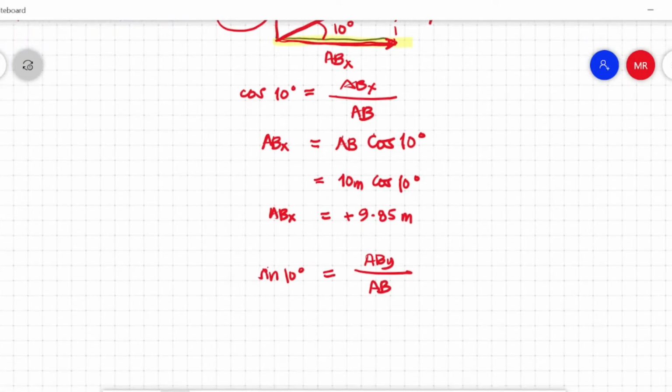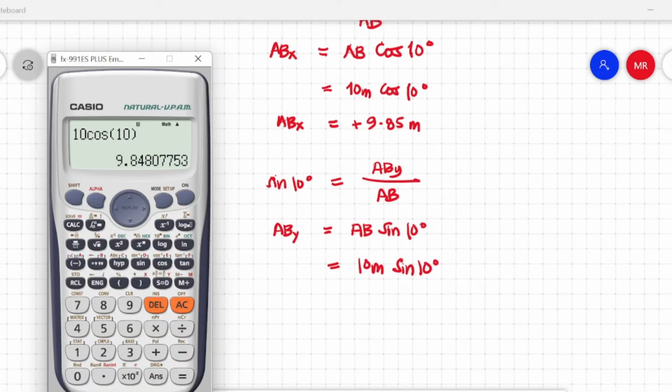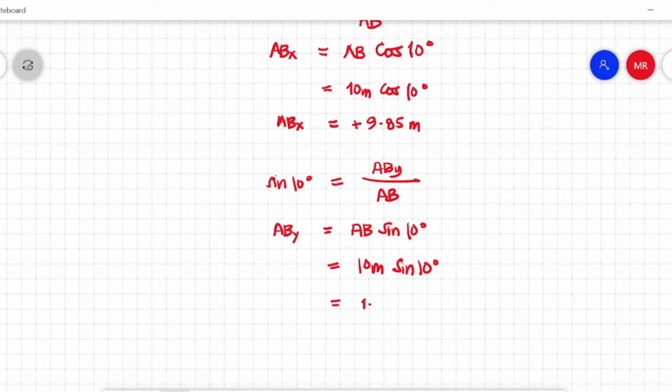Again, if we cross multiply, ABY is equal to AB sine 10 degrees. AB is 10 meters times sine 10 degrees. We compute 10 sine 10 degrees equals 1.736 or 1.74 meters. This is your ABY.